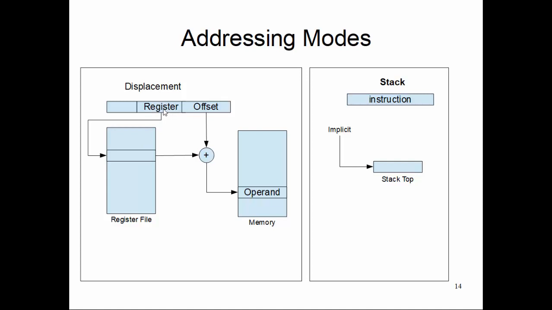That register is accessed, and the value itself is an address, which we call the base address. To that base address we add the offset value, which is also part of the machine code, and that can be positive or negative.